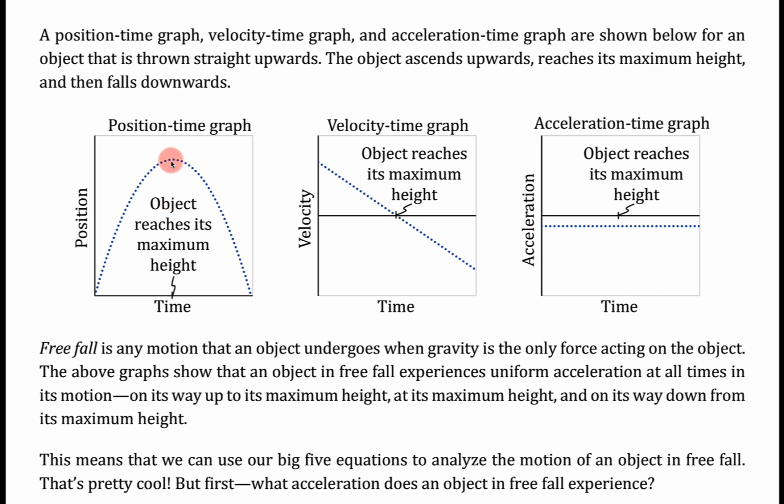And so if we just think about the slopes of the tangents for our position time graph, we can see that those tangents would have slopes that become more and more negative. So they become more and more steep, more and more negative. And so we see this in our velocity time graph, the velocities become more and more negative.